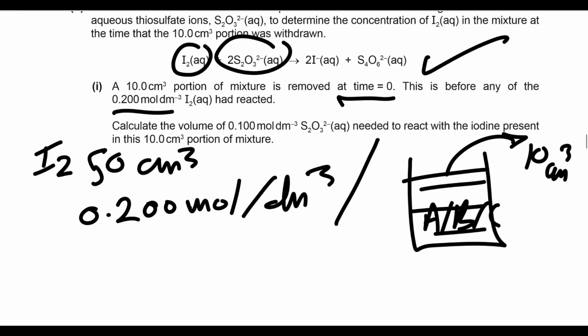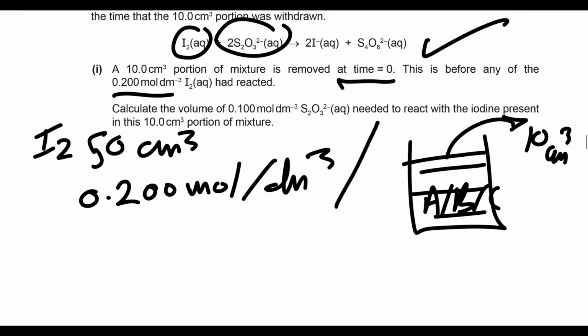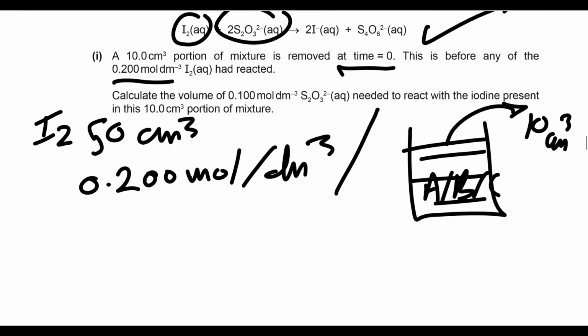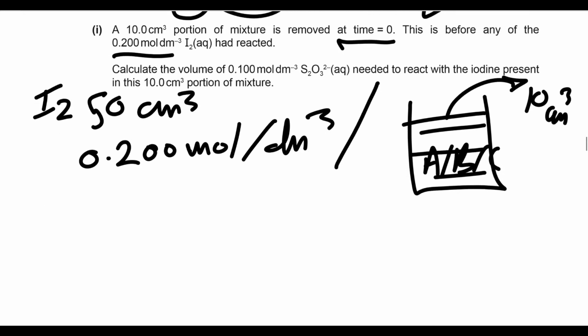That means this 10 cubic centimeters has a different concentration. So for this iodine, the new volume is 10 cubic centimeters.